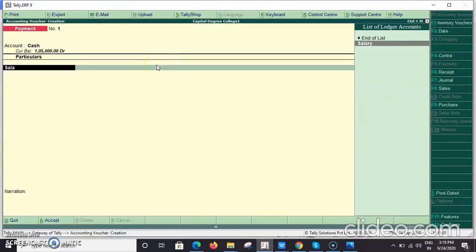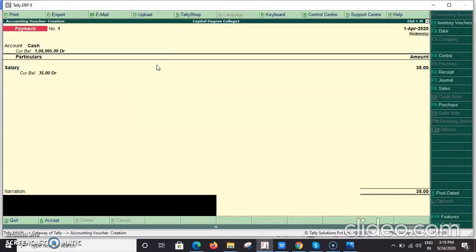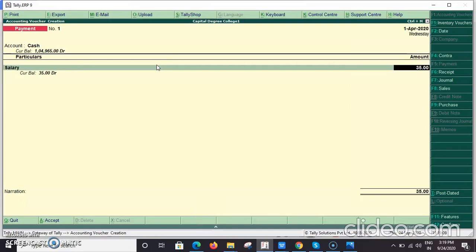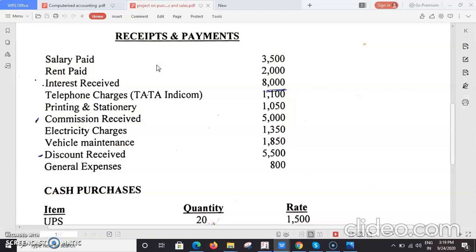What are the payments here? Salary, 3,500. Next, rent paid, 2,000.